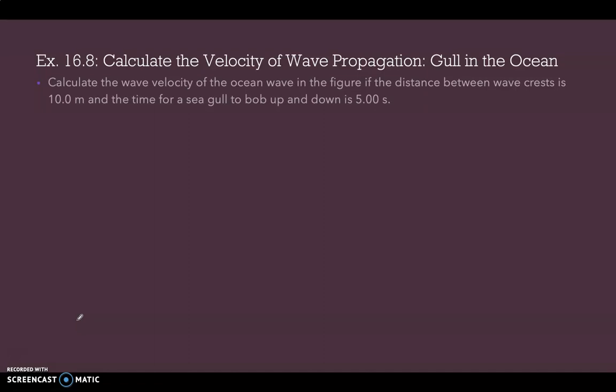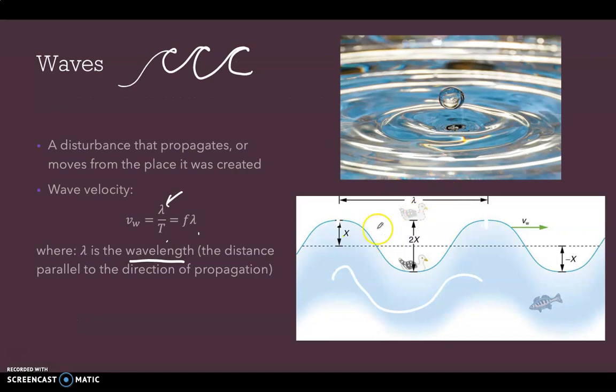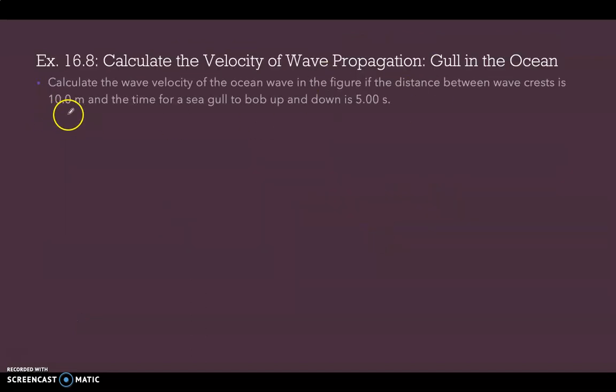This example is 16.8, stating we want to calculate the wave velocity of the ocean wave in the figure if the distance between wave crests in this figure is 10 meters, and the time for a seagull to bob up and down is 5 seconds.